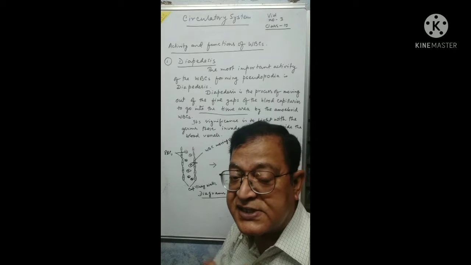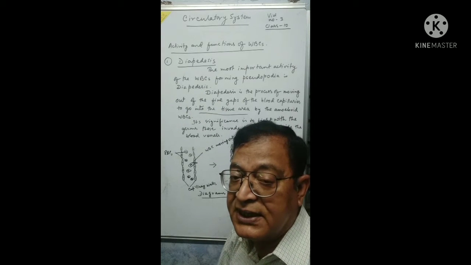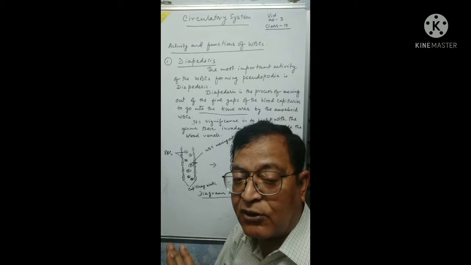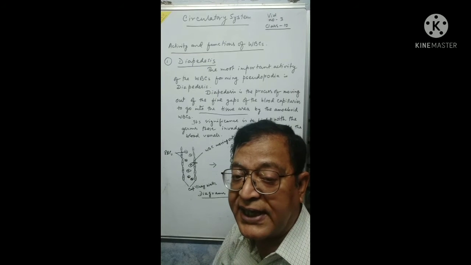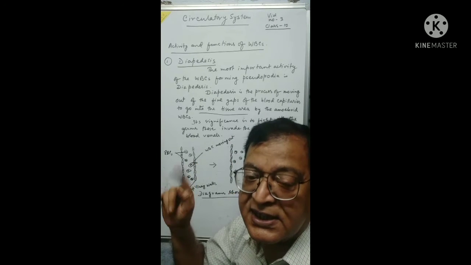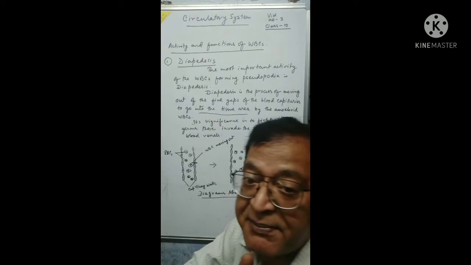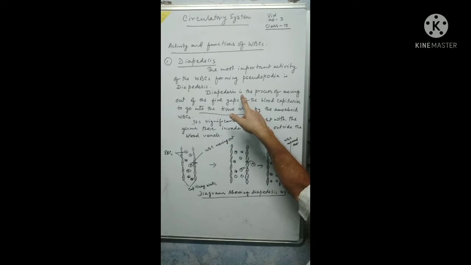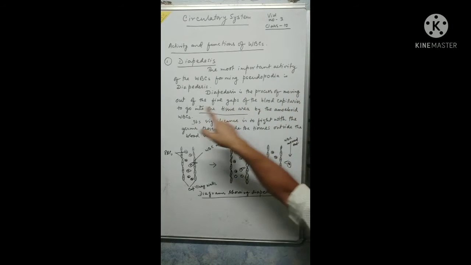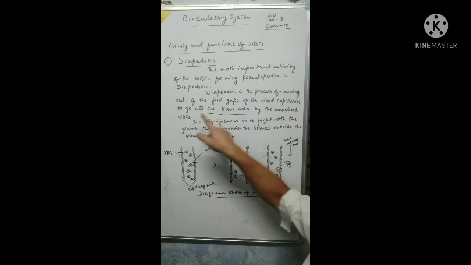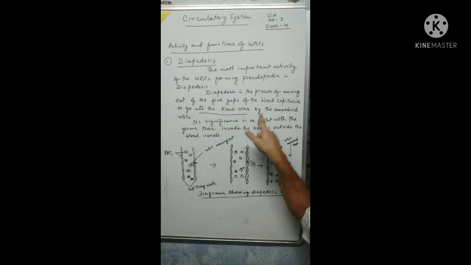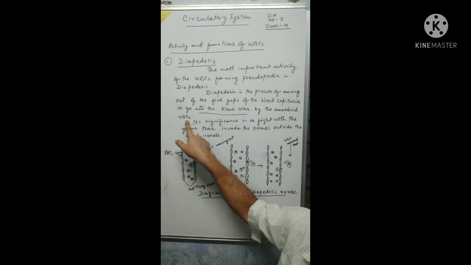Remember, one of them does not form pseudopodia, that is the lymphocyte. Other than that, all the WBCs form pseudopodia, and one of their most important activities is diapedesis. What is diapedesis? Diapedesis is the process of moving out through the fine gaps of the blood capillaries into the tissue area by the amoeboid WBCs.